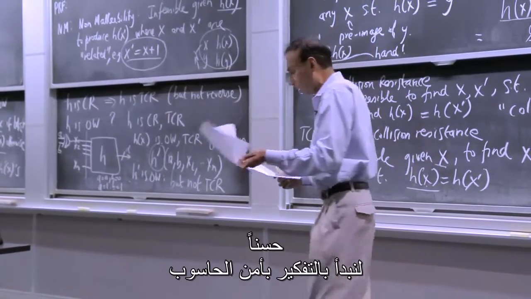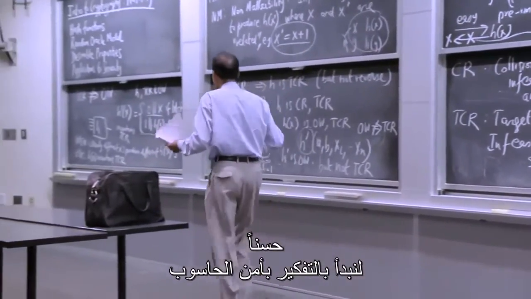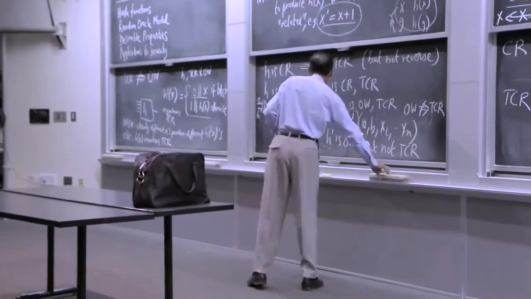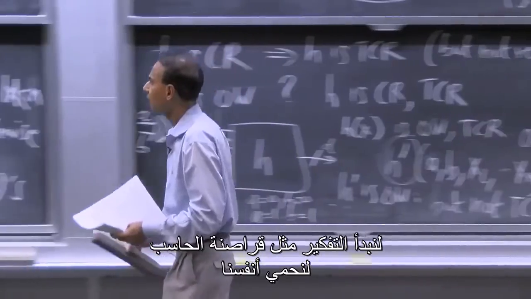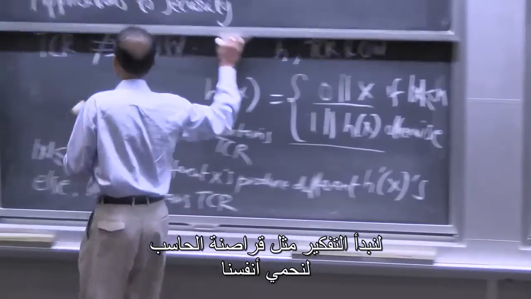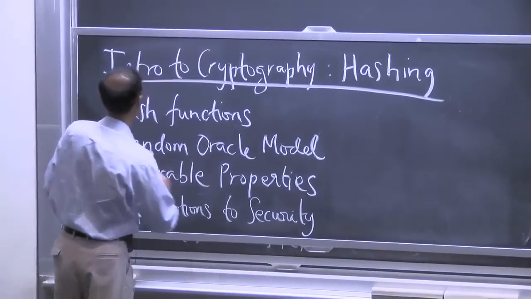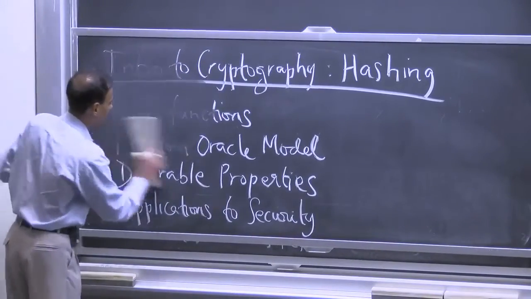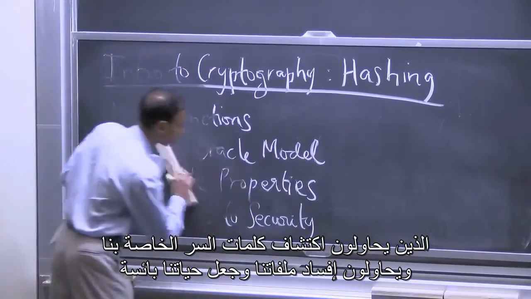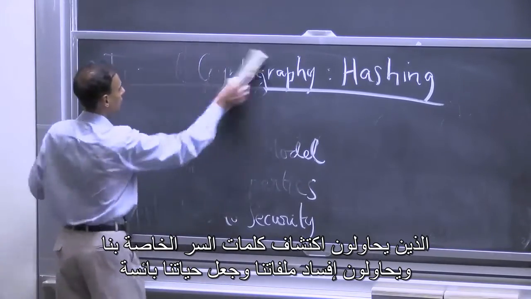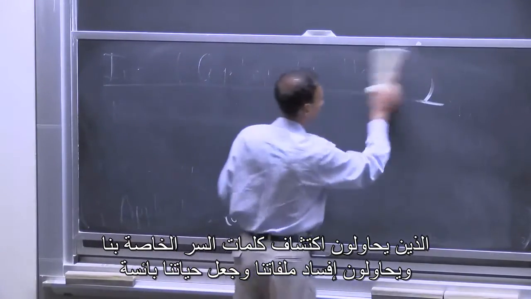Okay. So start thinking computer security. Start thinking hackers, protecting yourself against bad guys that are out there who are trying to discover your passwords, trying to corrupt your files, generally make your life miserable.